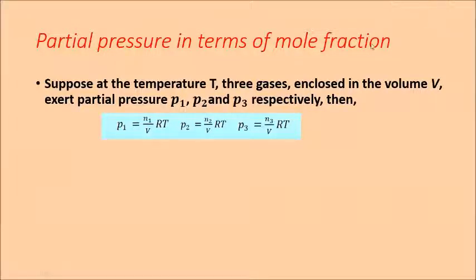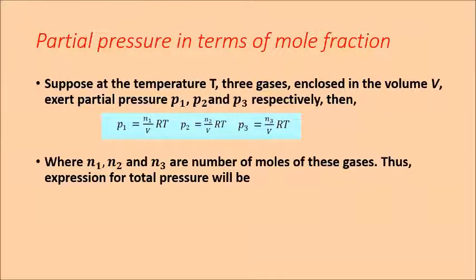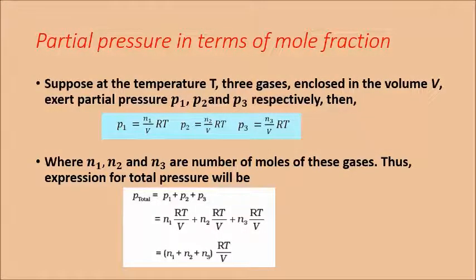So we can write the partial pressures P1, P2, P3 in this way, where N1, N2, N3 are the number of moles of these gases. Thus the total pressure will be what? P total will be P1 plus P2 plus P3.